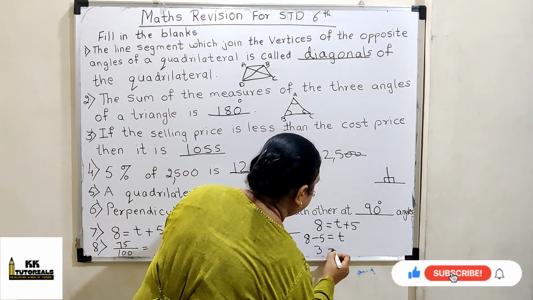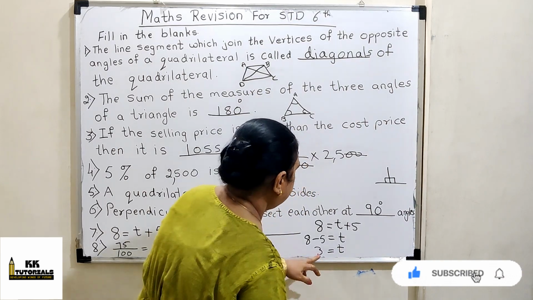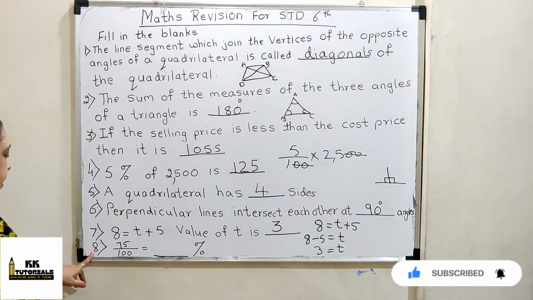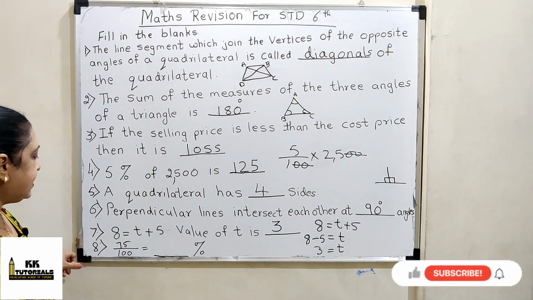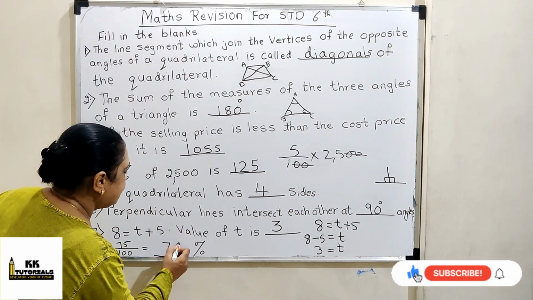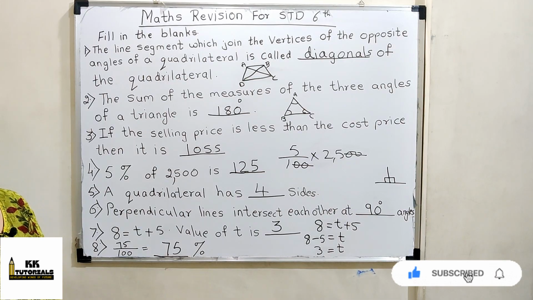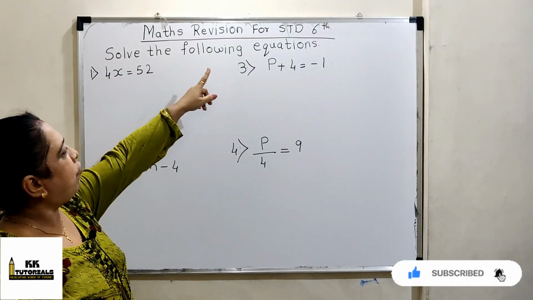It's 3. t is equal to 3. Now, number 8. 75 upon 100. That means how much percent it is? 75%.